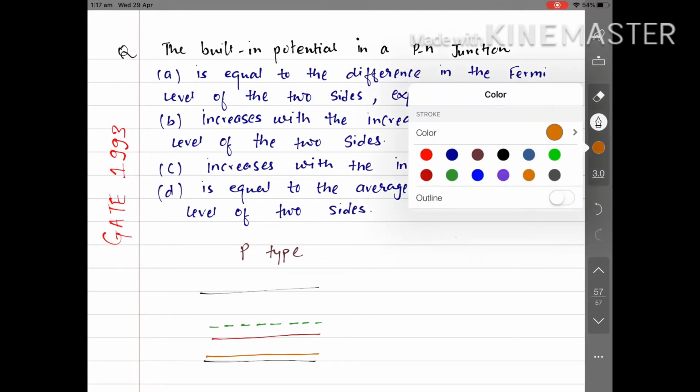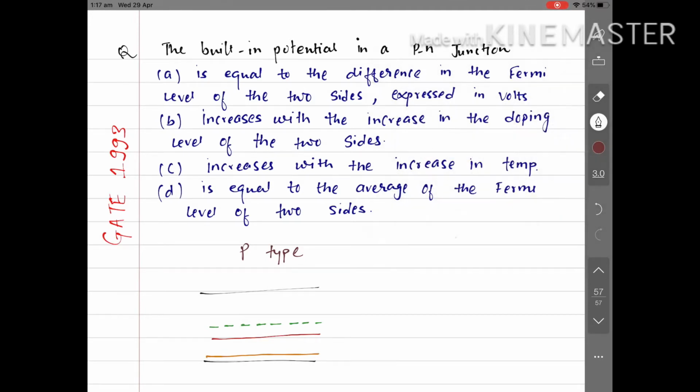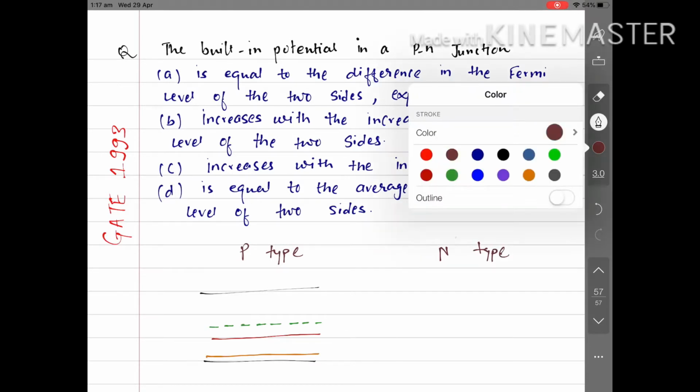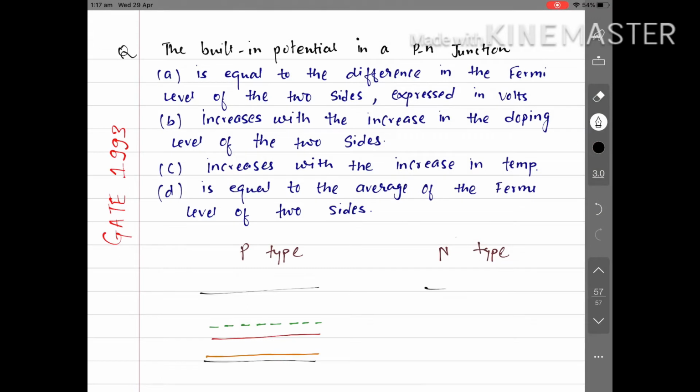Let me draw a similar one for the n-type, then we will see what those lines are all about. So for the n-type, I will choose the same color for better understanding.